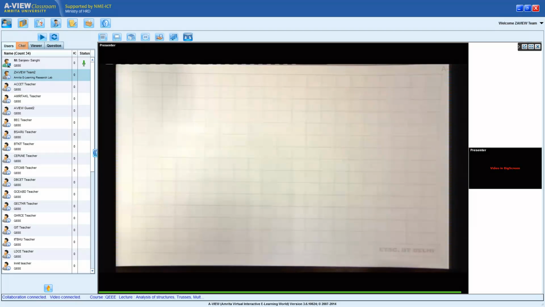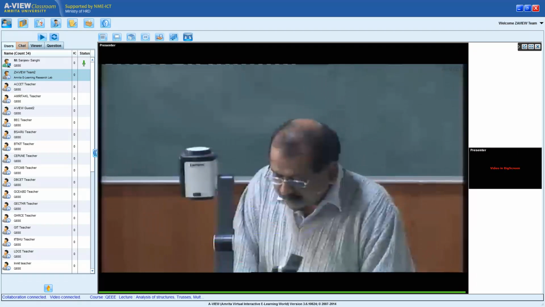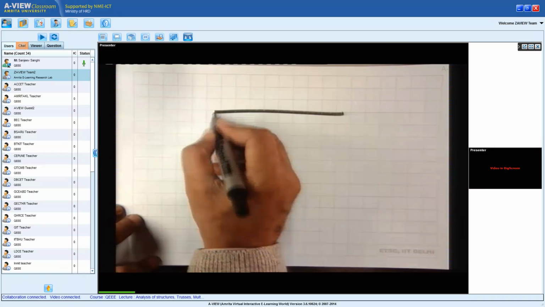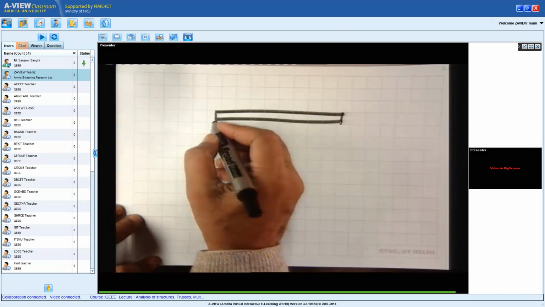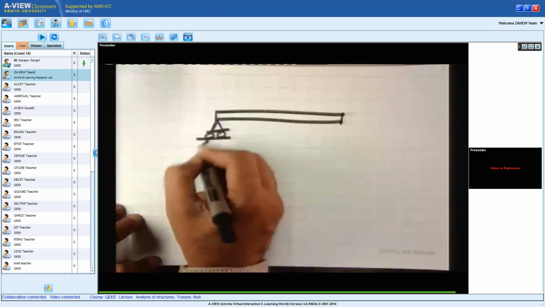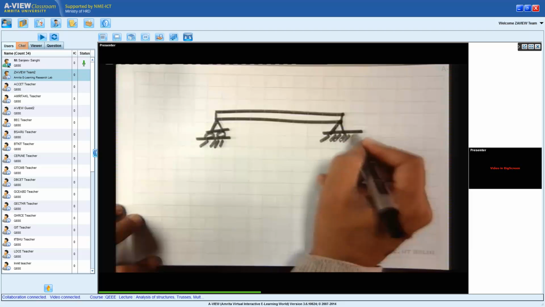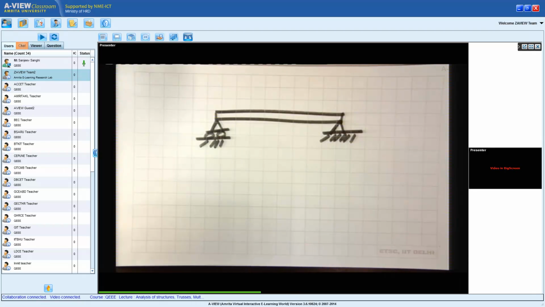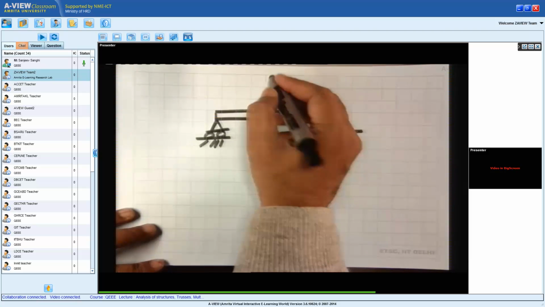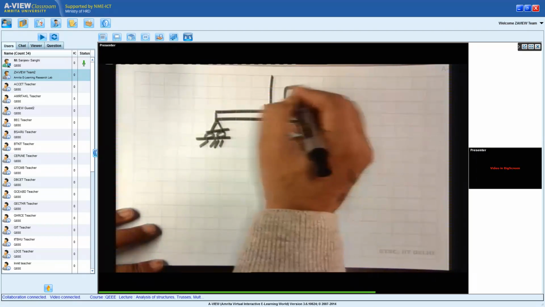So now let's start with a very simple example. Let's say we have a beam like this. This is on rollers at end A. It is on a pin. It is just on a support at end B. And I'm taking the simplest case.